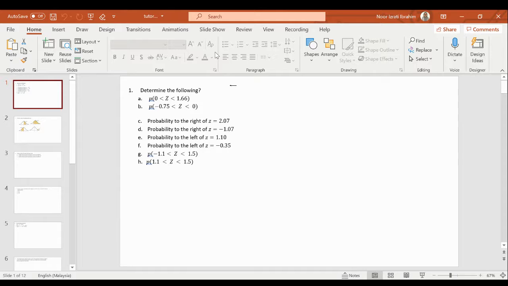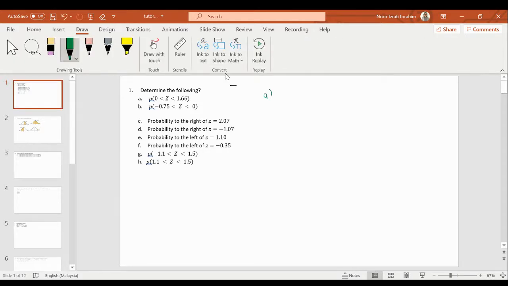To find the value of probability for the Z, for A, the shaded region is from 0 to 1.66. We want to find this area.